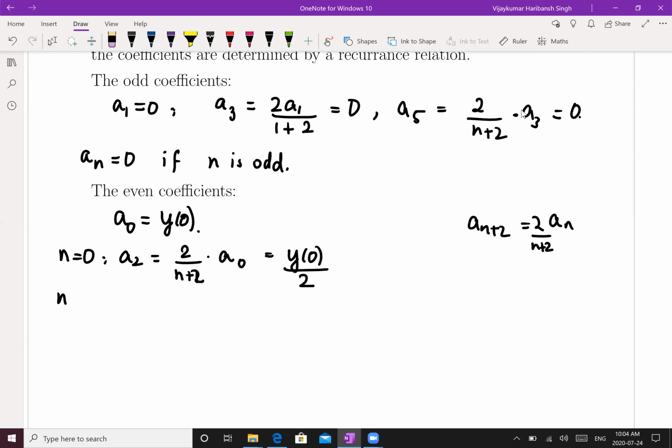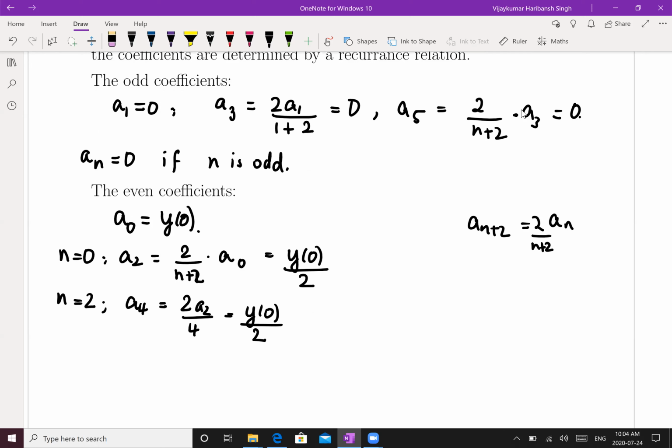So this was n equals 0. When n is 2, we get a4 equals 2 a2 divided by 4, which is y0 by 2.